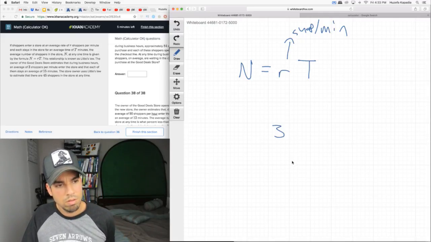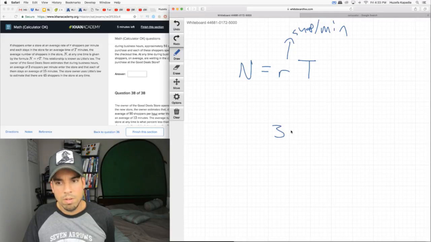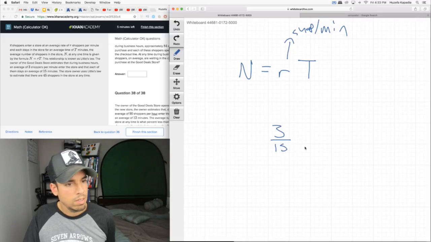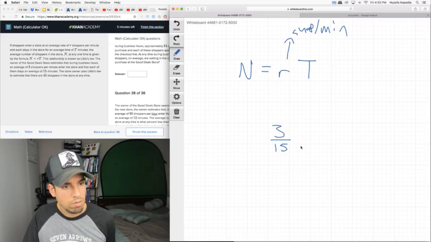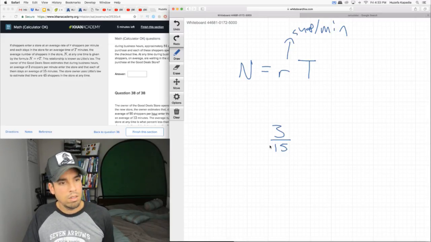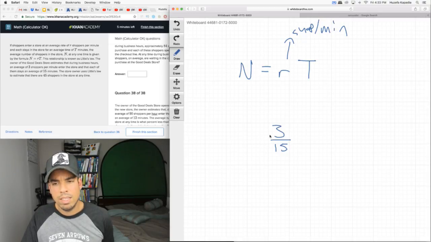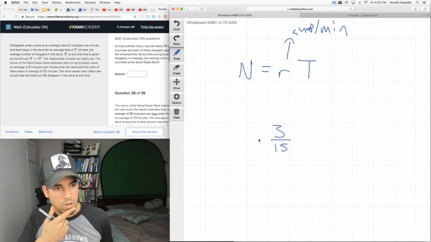So it's 3 shoppers per 15 minutes. So 3 times 15 is 45 at any time. Average. Okay, anyways.